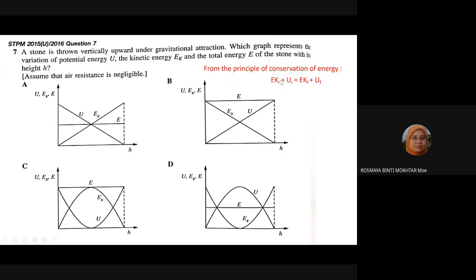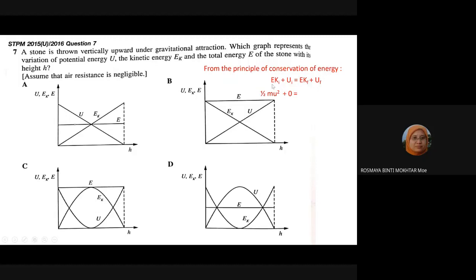At the initial position, the total energy is kinetic energy plus potential energy. Final is also the same: final kinetic energy plus final potential energy. Then we substitute the value of kinetic energy.